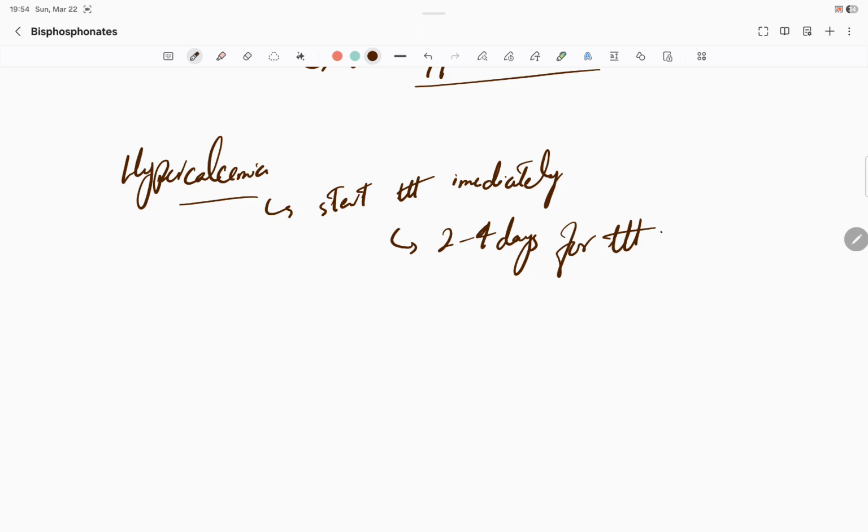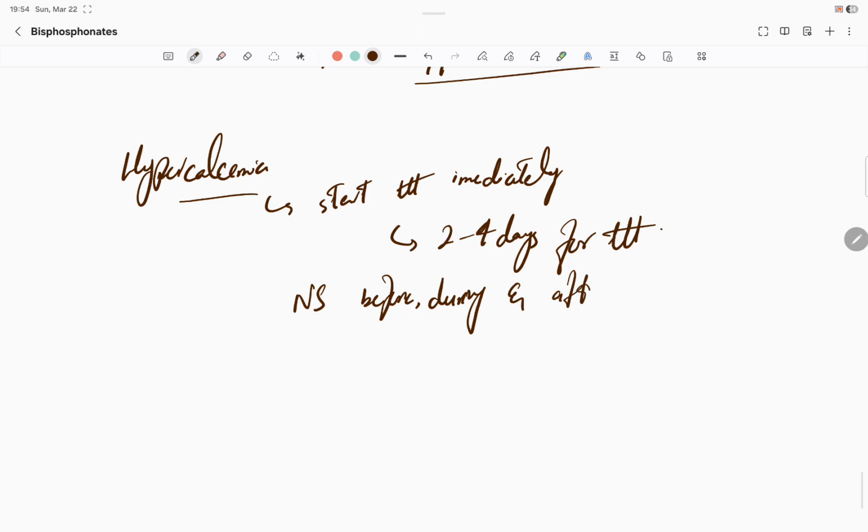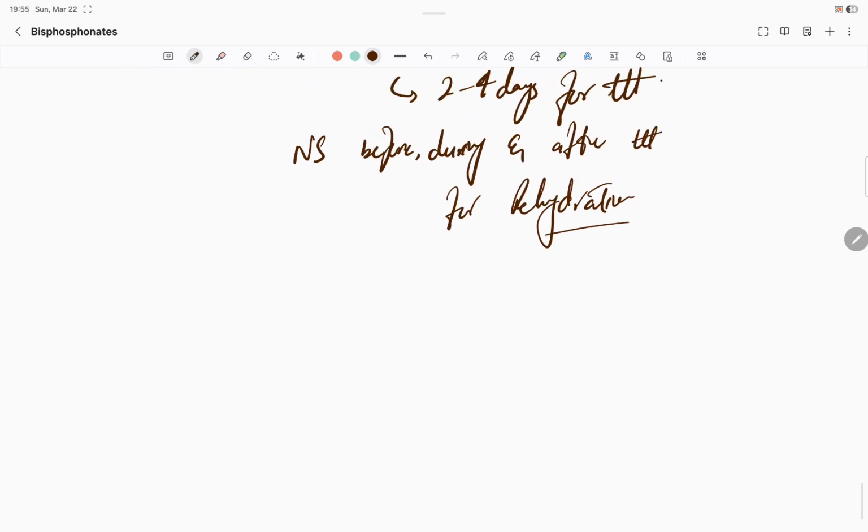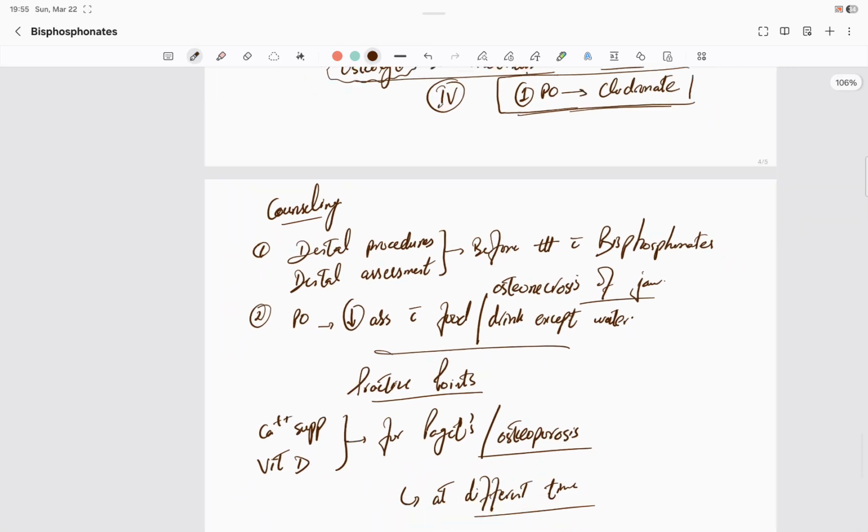Okay, and along with the treatment, you have to give NS before, during, and after treatment for rehydration. So this was all about bisphosphonates. We will discuss the individual drugs later on.